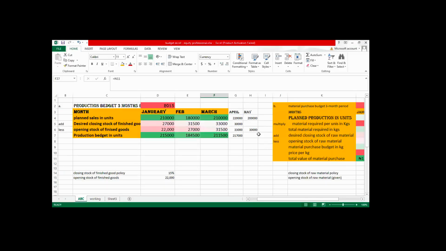March, 211,500. And labor cost per unit is 6 naira. Per unit produced, we pay labor 6 naira per unit. So if you produce in January, you produce 215,000 units. What is the total labor wages?